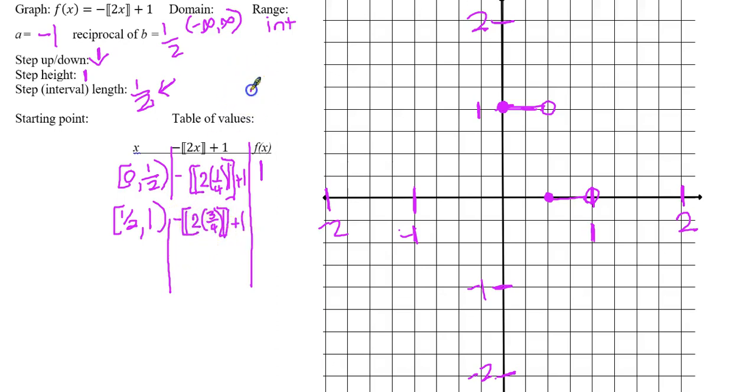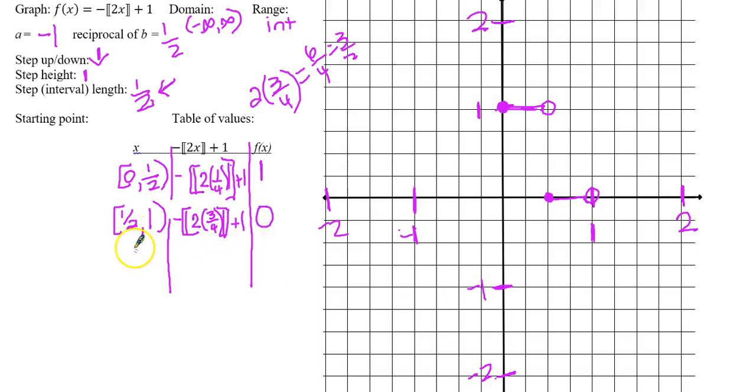I'm sorry, let me back that up. 2 times 3/4 is 6/4, which is the same as 3/2, or 1 and 1/2. So the greatest integer of 1 and 1/2 is 1, and the opposite of 1 is -1, and -1 plus 1 is 0.